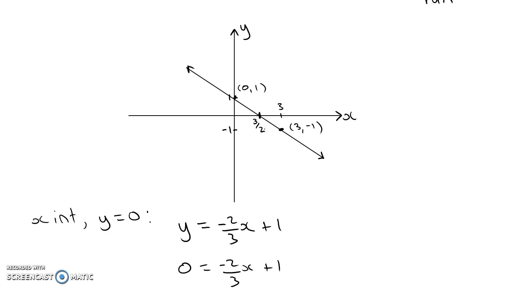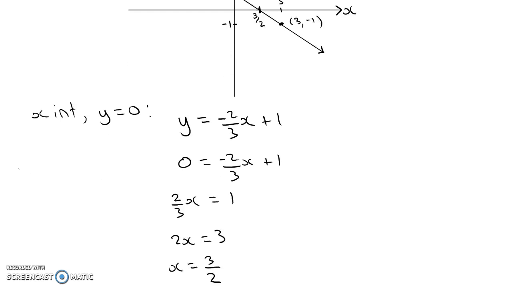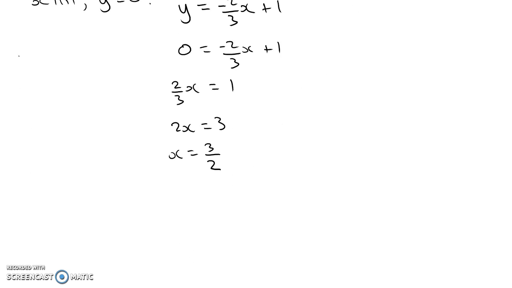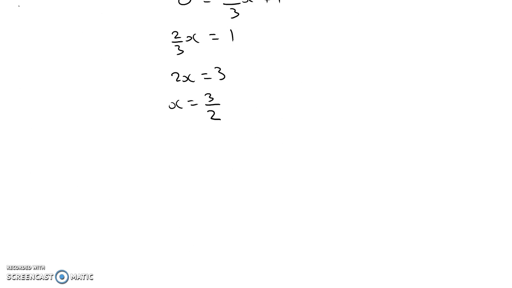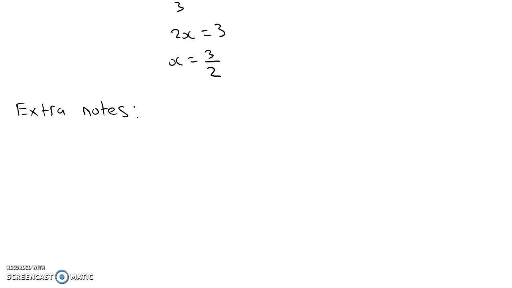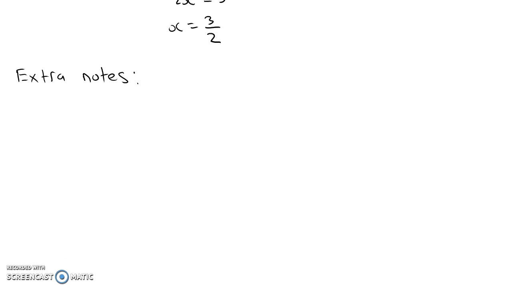Now there's a couple of things that are important to know. So we've finished with that question, but there's just a couple of extra things that are worth noting. So there's different types of gradients that lines can have. They can have positive gradient, negative gradient, they can have a zero gradient, and they can have an infinite gradient.